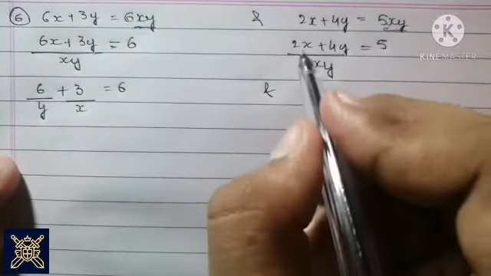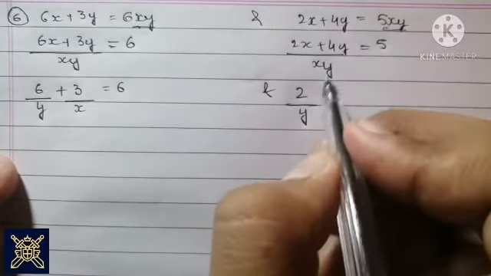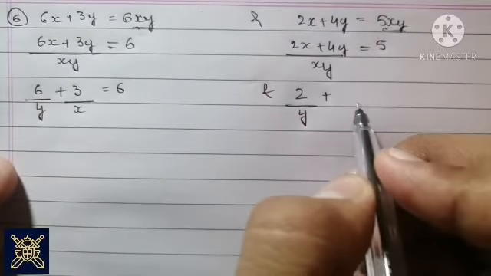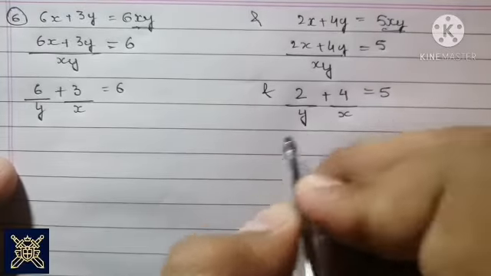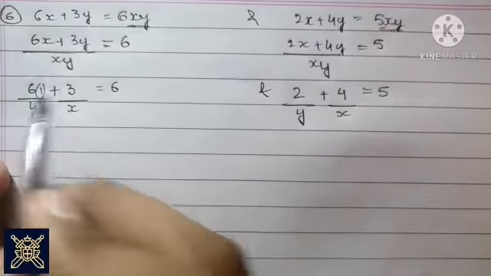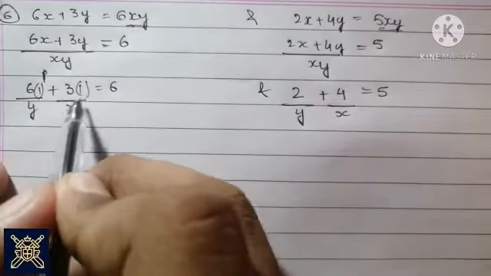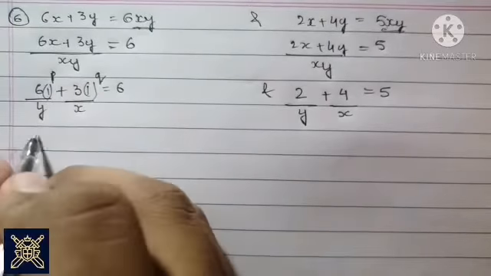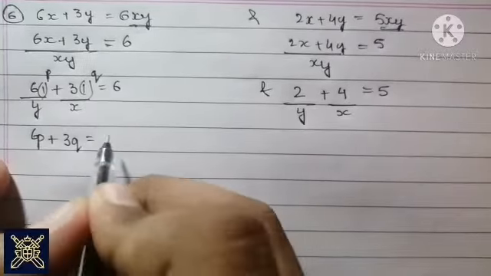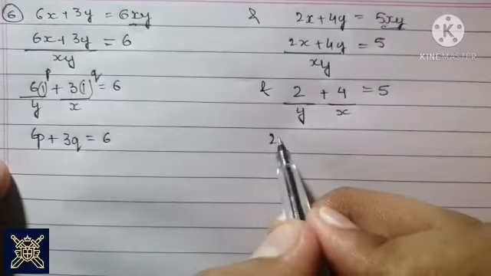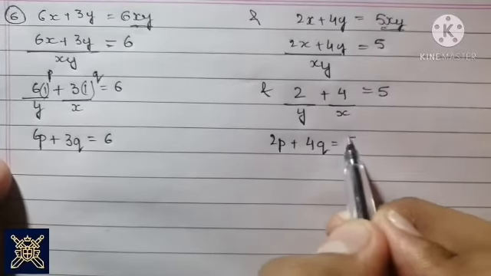And here you have 2x upon xy, so 2 upon y, plus 4y upon xy, so 4 upon x, equal to 5. Now you can take 1 upon y as p and 1 upon x as q, so 6p plus 3q equals 6, and 2p plus 4q is equal to 5.